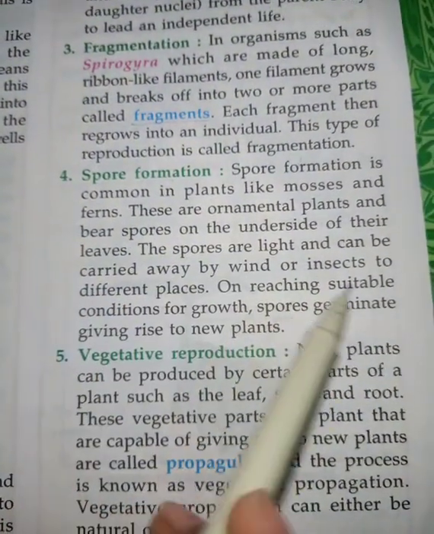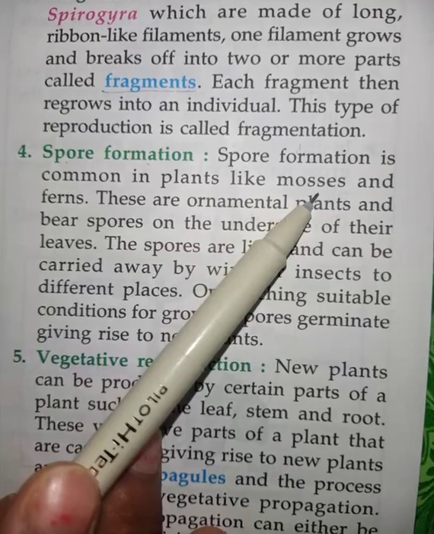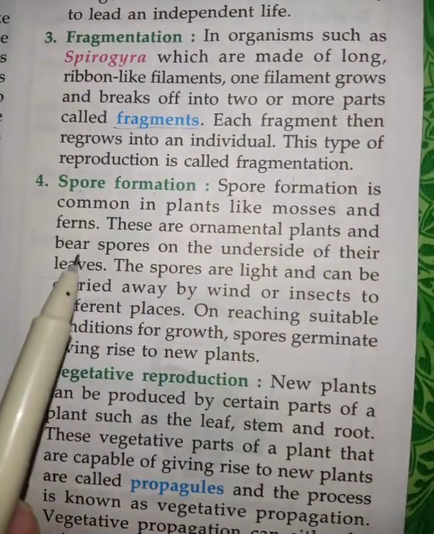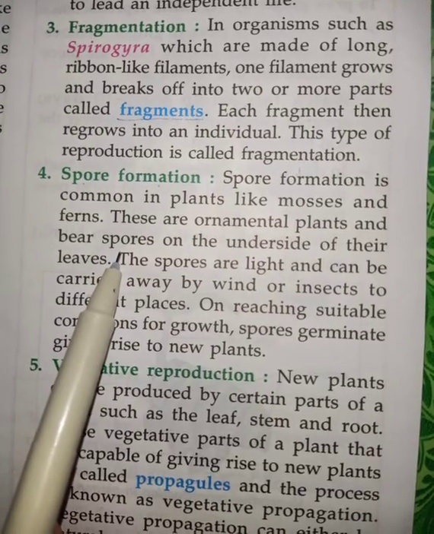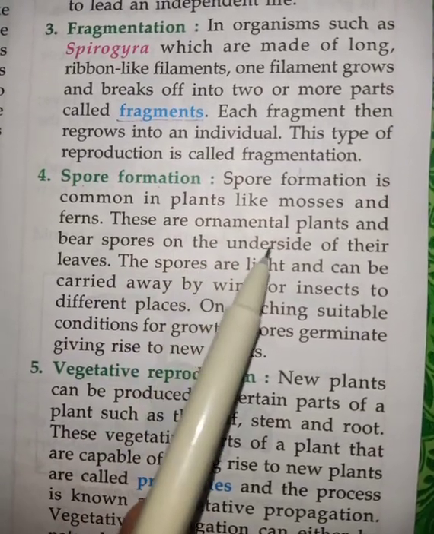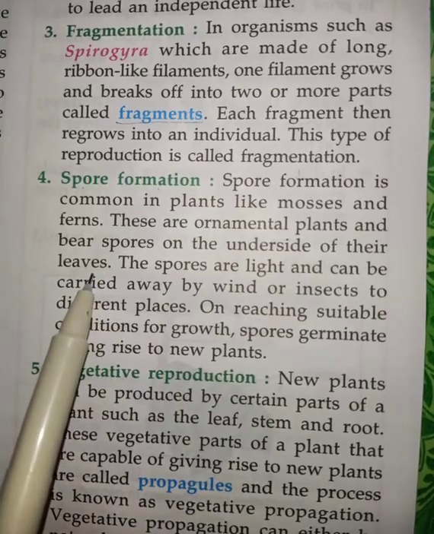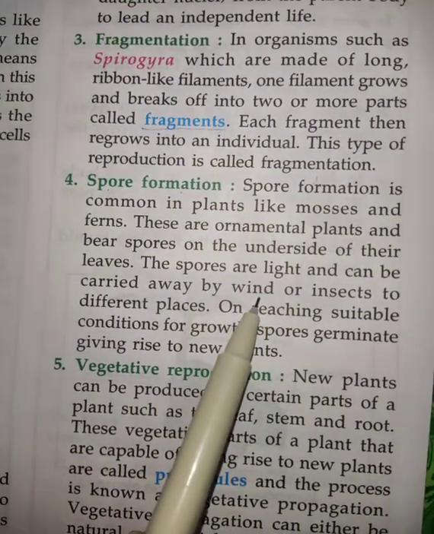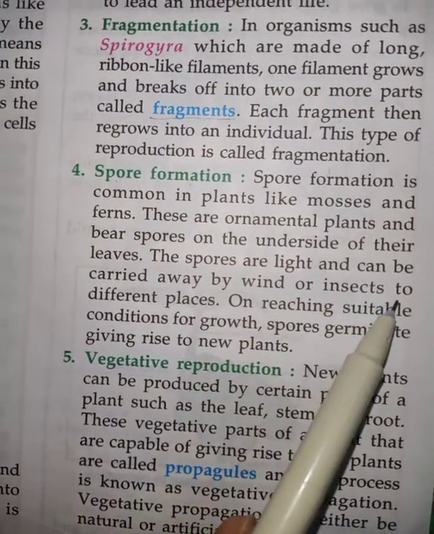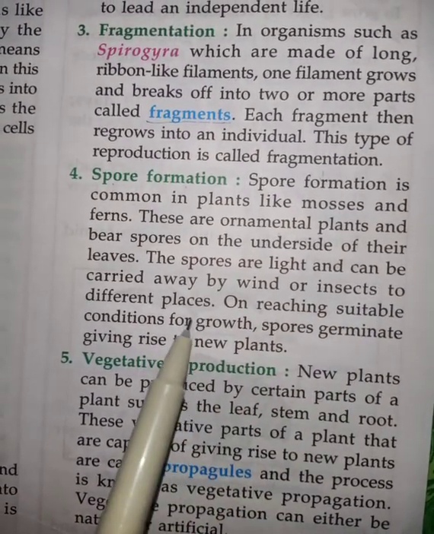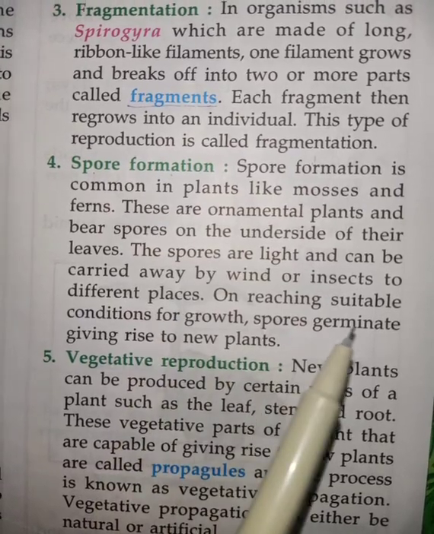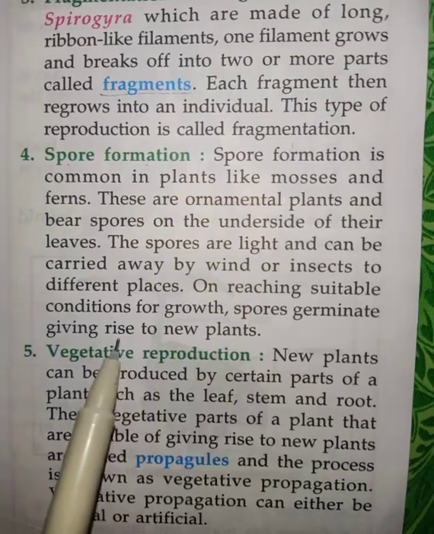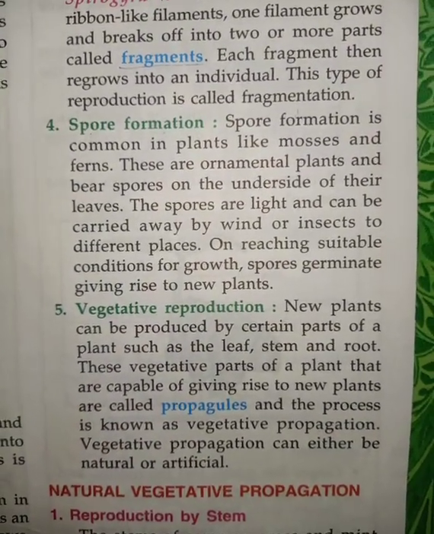This is given in your book also, that plants like mosses and ferns and some ornamental plants bear spores on the underside of their leaves. Spores are light in weight and they can be carried by insects to different places. On reaching suitable conditions of growth, spores germinate and give rise to a new plant.